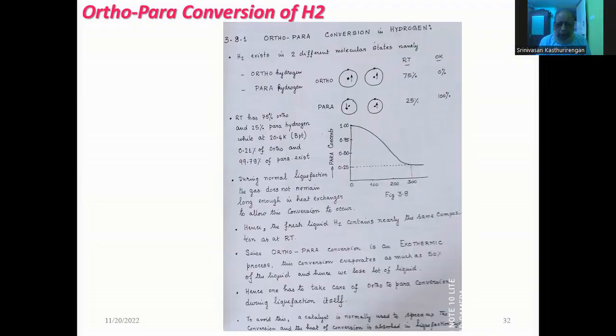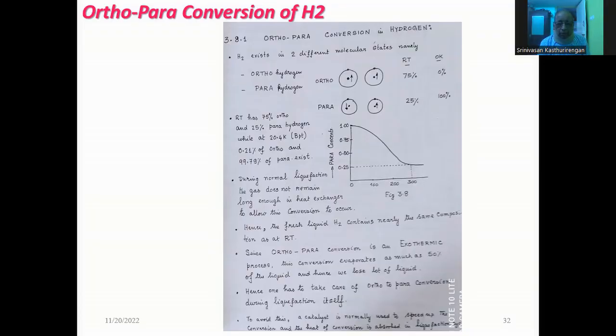Now, at room temperature, approximately 75% is ortho and 25% is in the para state. As you lower the temperature, there is a conversion of ortho to para, and at the boiling point of 20.4 Kelvin, only 0.21% is ortho and 99.79% is in the para state.